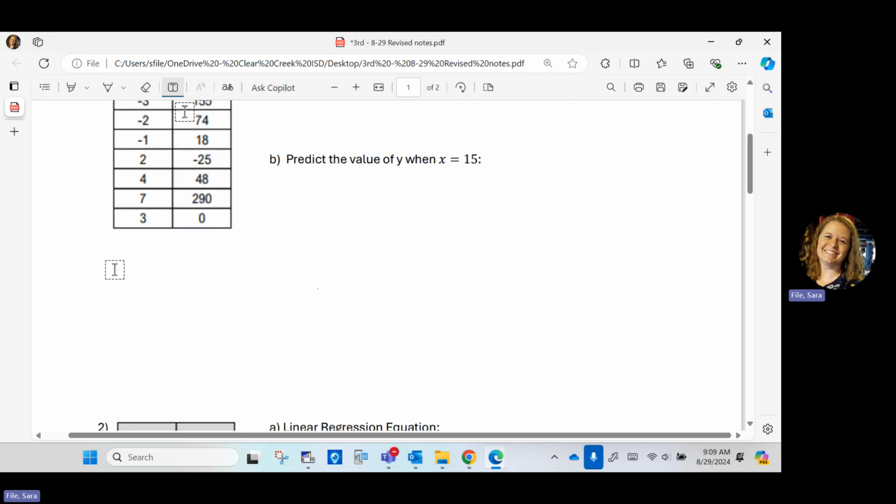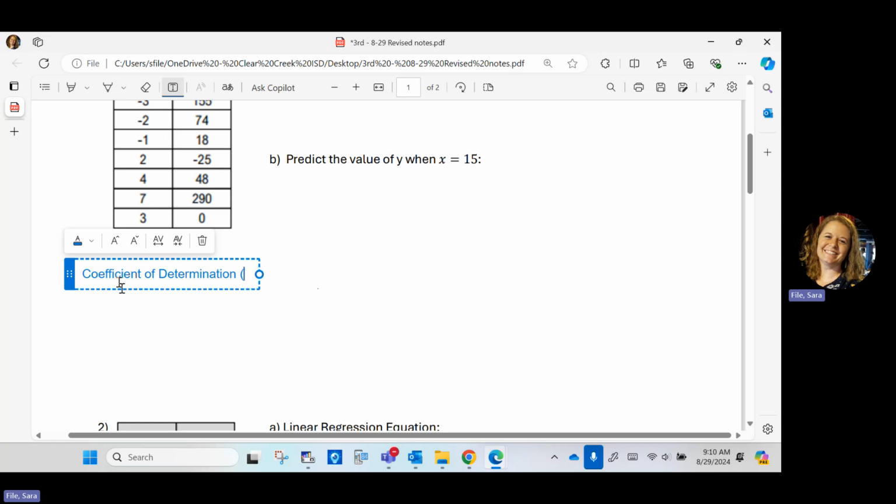I'm going to type it so it's a little neater than my handwriting. First, I'll just do the definition. The coefficient of determination, or R squared.